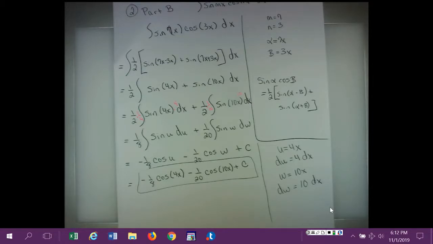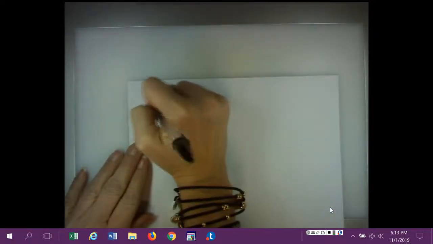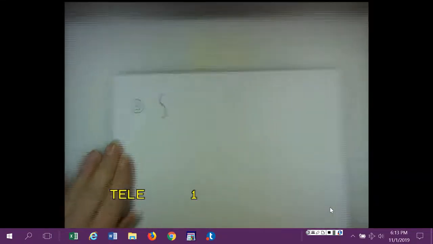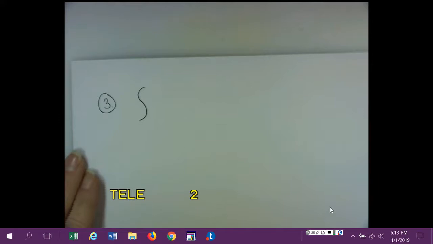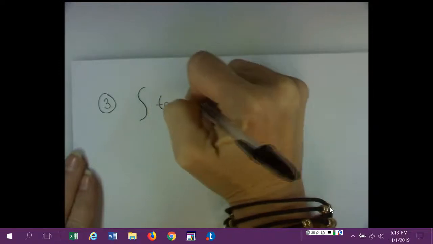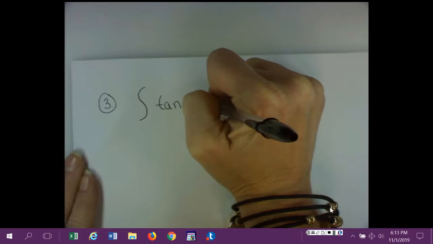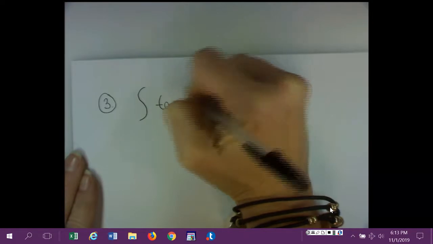And the one that I want to show you is, so I'll write down number 3. Let's do the tangent of 5x squared.